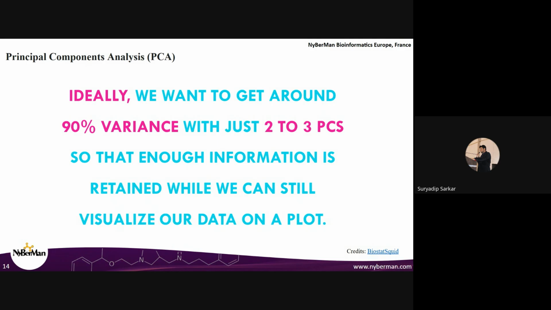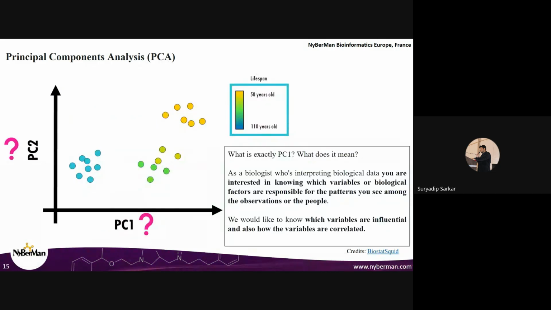Ideally, with most data sets, what we aim for is around 90% variance with just the first 2 to 3 PCs. Basically, the idea is that we need to retain enough information so that we can still visualize our data on a plot and do whatever classifications we need to do.